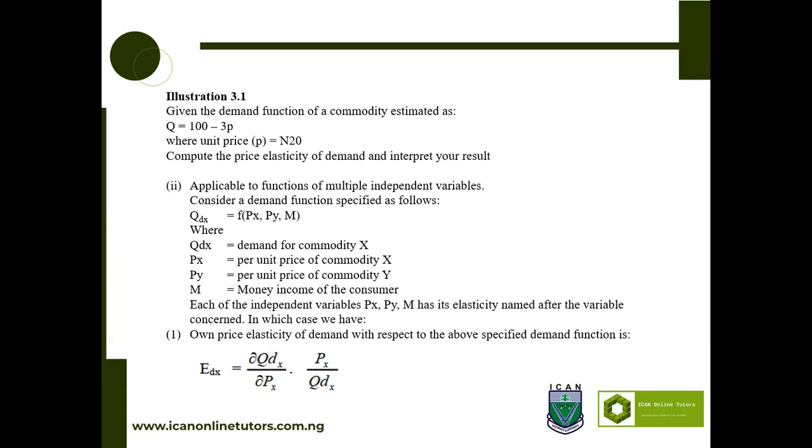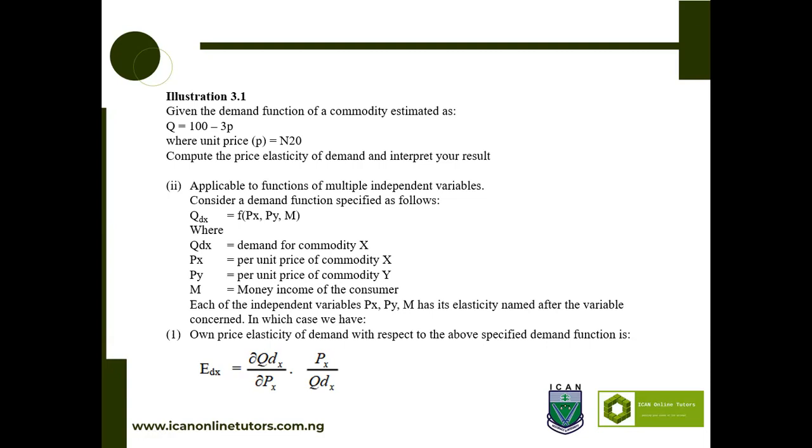The own price elasticity of demand with respect to the above specified demand function is denoted as EDX, percentage change in quantity demanded, divided by change in money, multiplied by M, divided by quantity demanded of X.